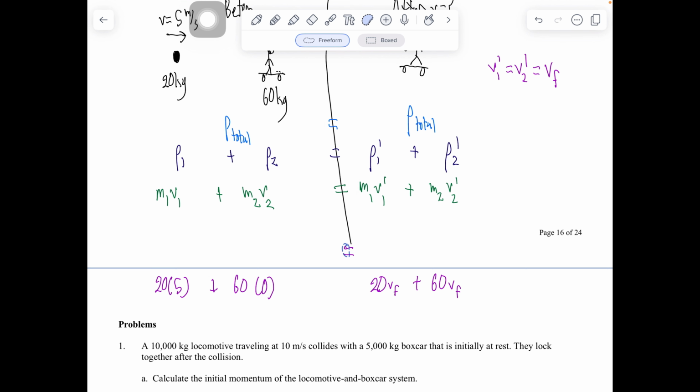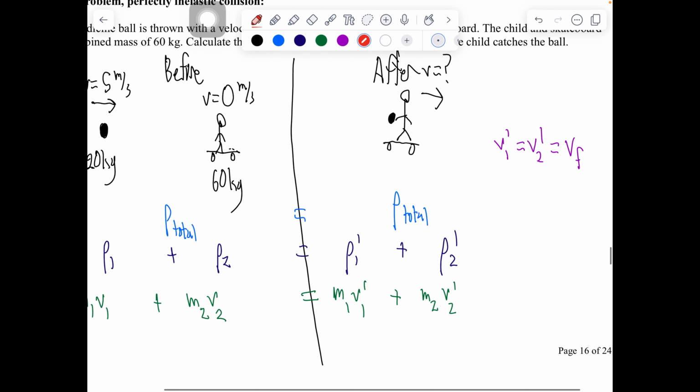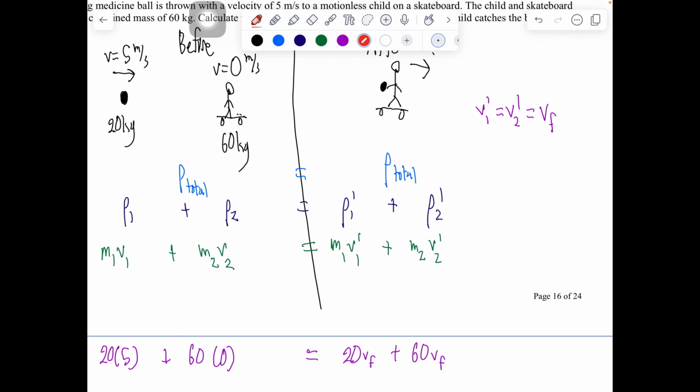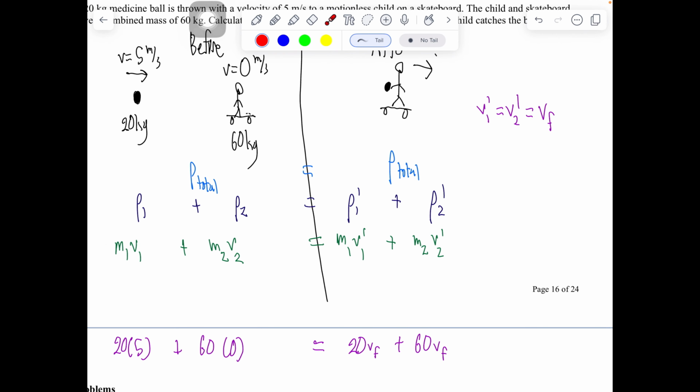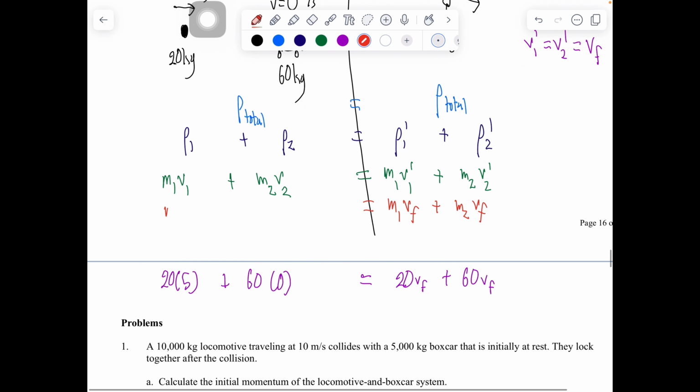With a collision, you can always set up your big conservation of momentum equation, but what is different depending on the type of collision you have? If you know the objects hit and they travel together after the collision, these are no longer different velocities. These are the same. You end up with, on your right-hand side, m1 v final plus m2 v final. Your left-hand side is still the same.